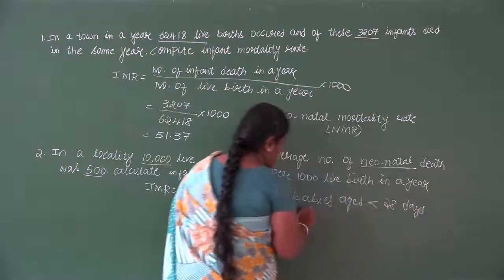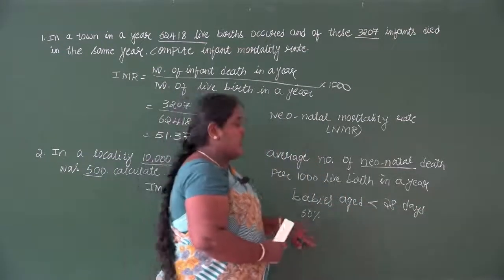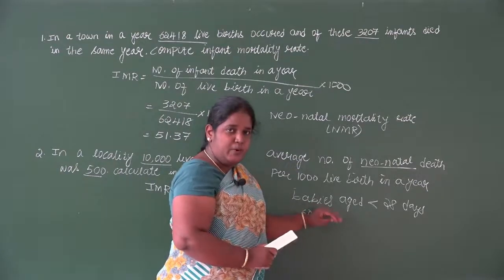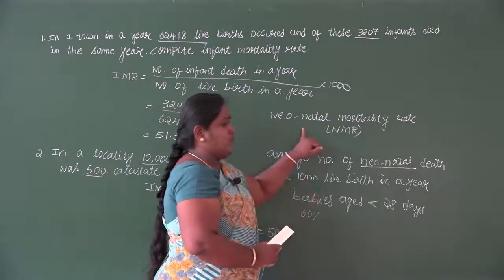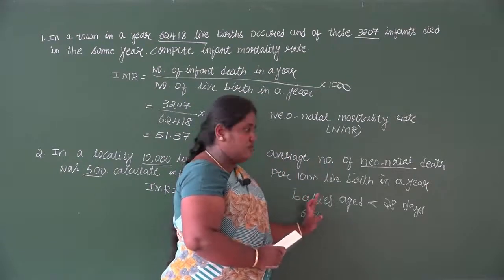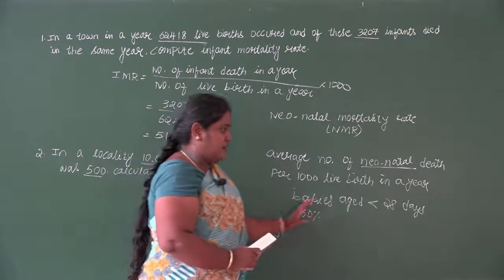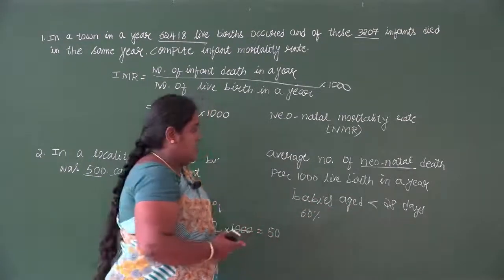Here, 60% of the infants die within 1 month of their birth. Because of that, we calculate neonatal mortality rate for children aged less than 28 days.